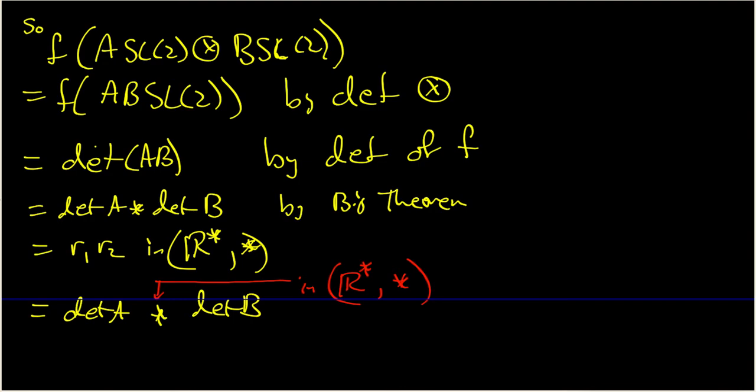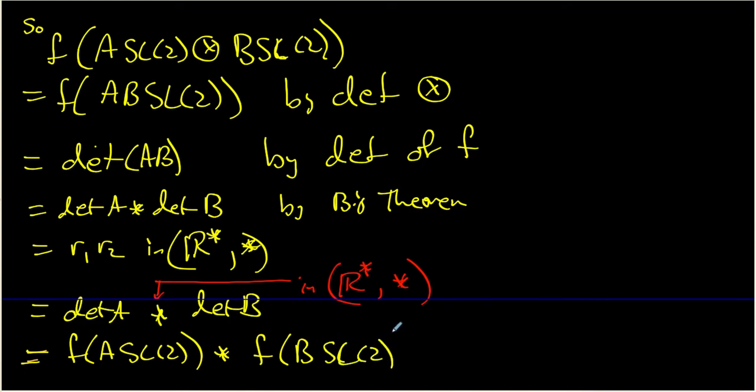The determinant of A is nothing more than F of A times SL2, and the determinant of B is F of B times SL2. And so what we now have is that if I take the start, which was F of this coset multiplication, I now have real multiplication of the images of the two cosets.